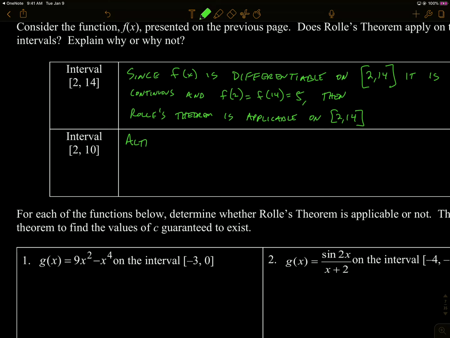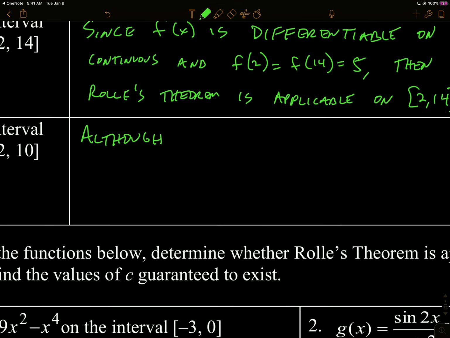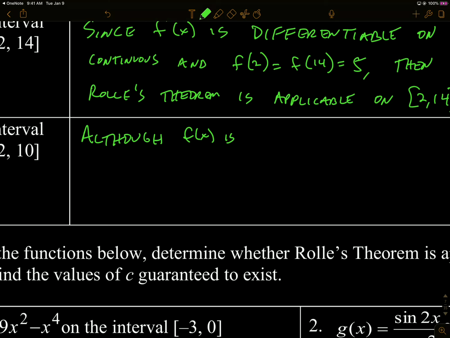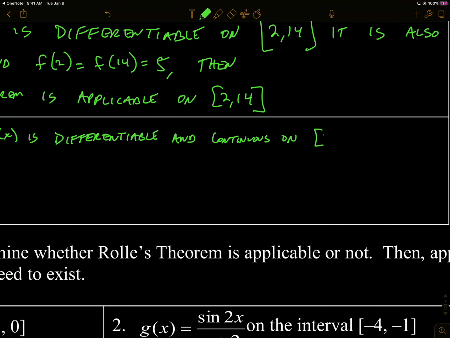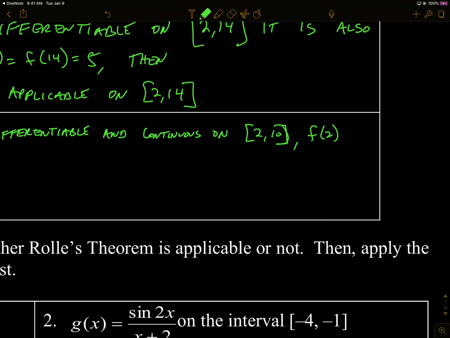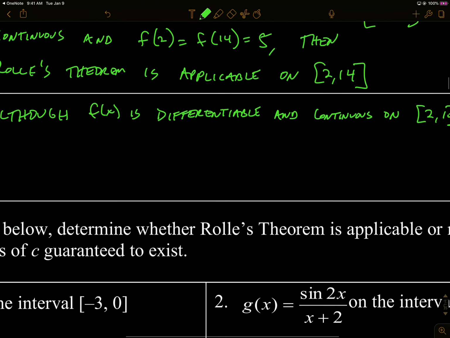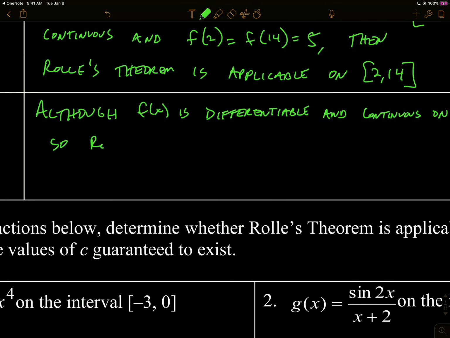Although we want to still practice stating the first part, f of x is differentiable and continuous on the closed interval 2 to 10. The endpoints do not have the same height. They have different heights. So Rolle's theorem is not applicable.